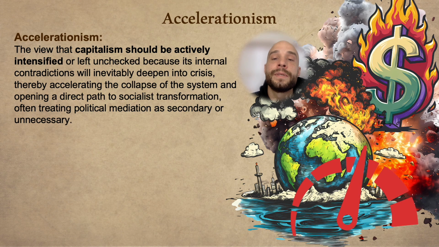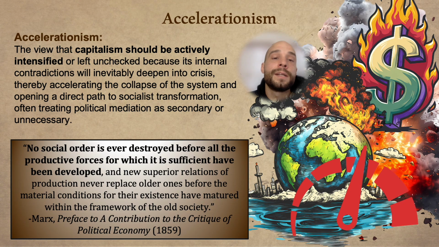The basic claim is not that capitalism is good or just, but that it's historically necessary. Only once capitalism fully matures can the social forces capable of overcoming it come into existence. Classical accelerationist arguments draw on Marx's claim that no social order ever disappears before all the productive forces it can contain have developed.